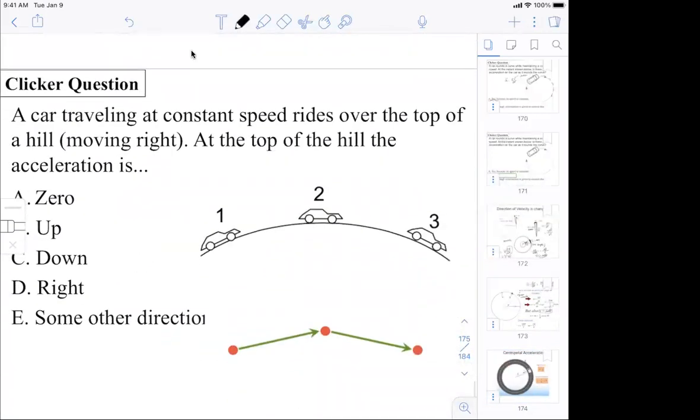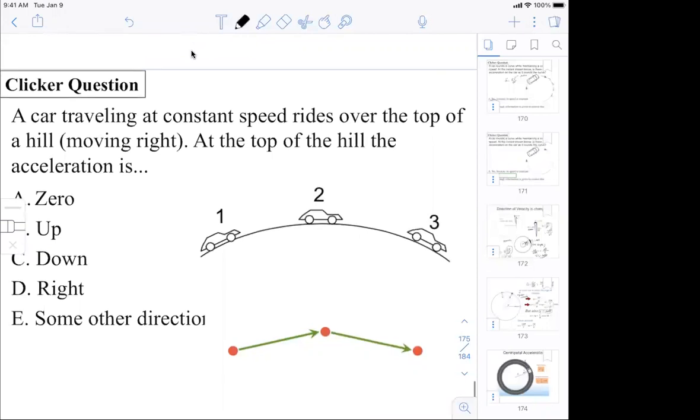So for example, let's look at this question. If we are looking at a car traveling at constant speed over the top of a hill. Now at the top of the hill, the acceleration is pointing in which direction? On this one, I will talk through it. I won't let you vote. Later on, we'll have a question for you to vote. Now you can see this hill looks like just a section of the circular motion, the circumference.